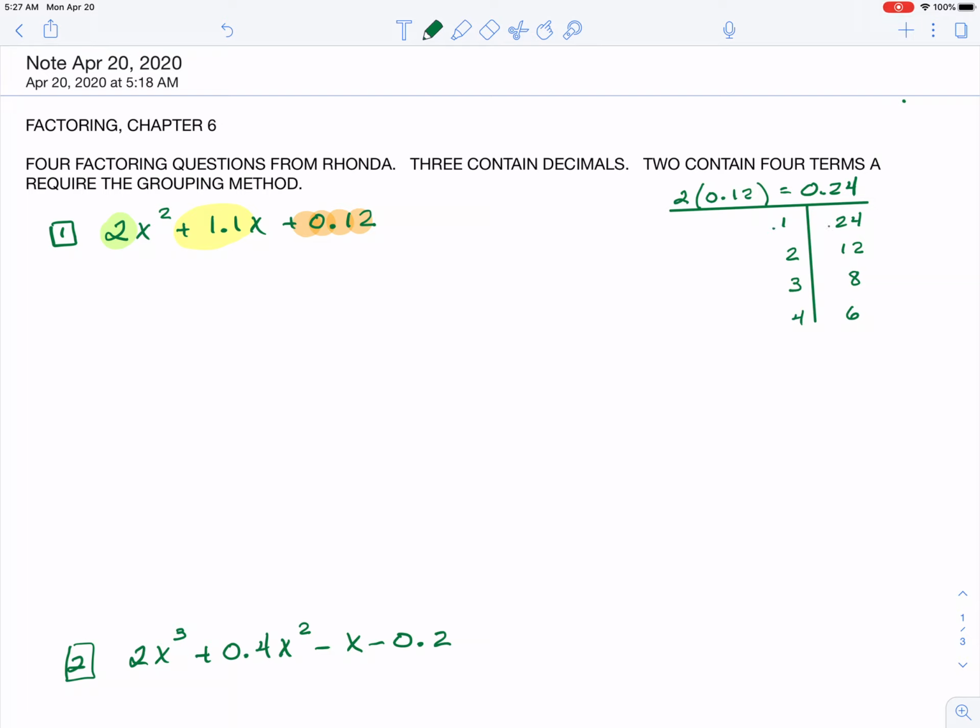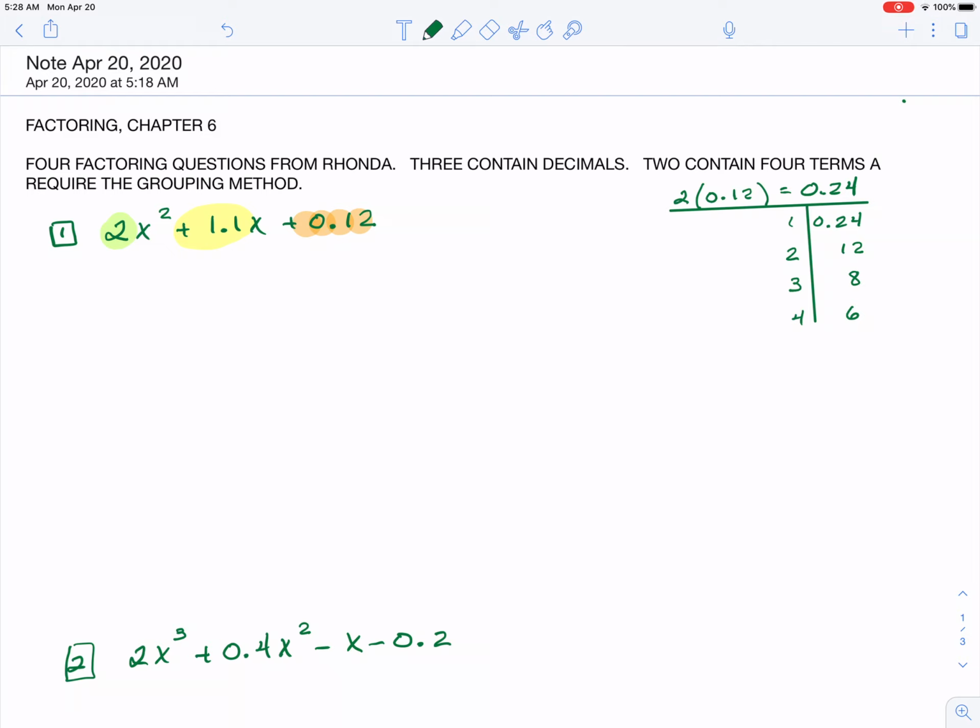But I'm going to start by just placing the decimal in front, and of course you see that first combination would give me 3 decimal places, so I would have to come back and turn it into a 1, not a 0.1. Or I could do a 1 and a 2.4. So there are a lot of combinations that would work there, but I can see that that's not going to give me the 1.1 in the middle that I'm looking for, so that doesn't bother me.